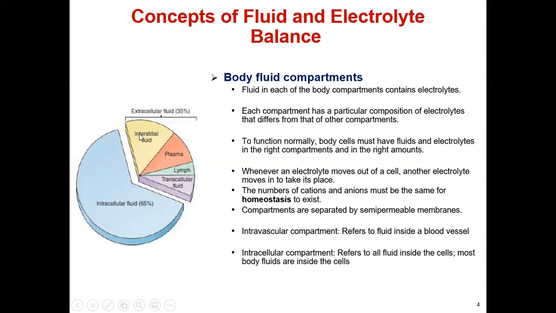Every compartment separated by a membrane is called semi-permeable. They allow the movement of very small solutes. The intracellular compartment refers to all fluid inside the cell, and most body fluid is inside the cell.